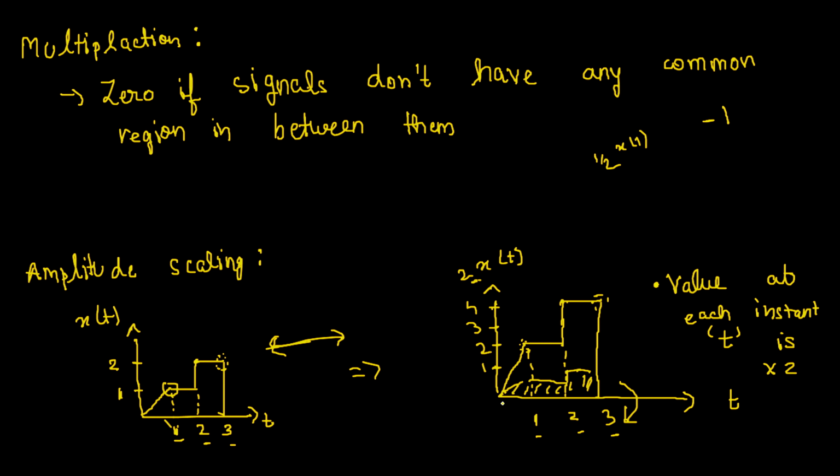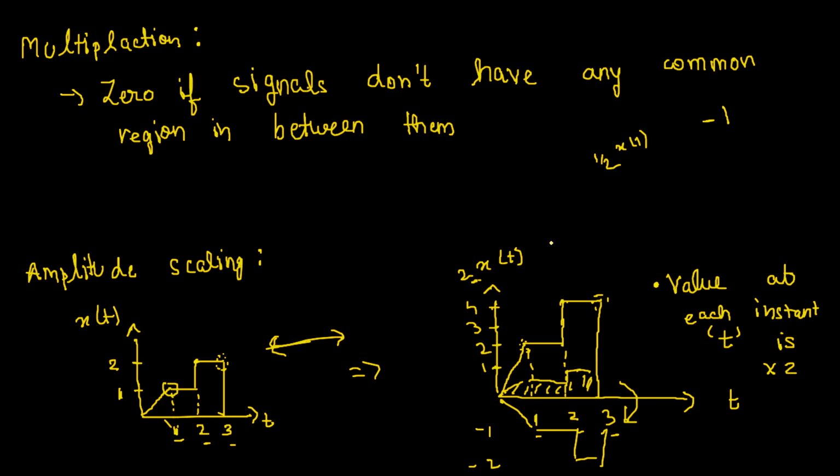So at 1 you'll have -1, at 2 you'll have -1, and at 3 we'll have -2. And similarly for -2 of x of t, it goes to -2 for 1, -2 for 2, and -4 for 3.